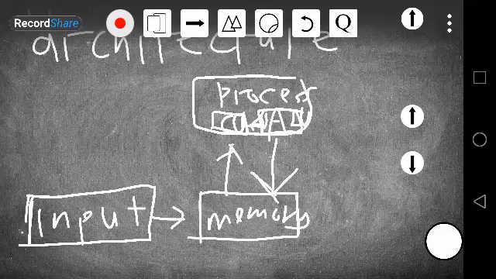So as the input comes in and is stored in memory, the commands are sent with this bus. The processor processes instructions from memory, and when they are processed, they are stored back in memory so that they can be viewed as output.